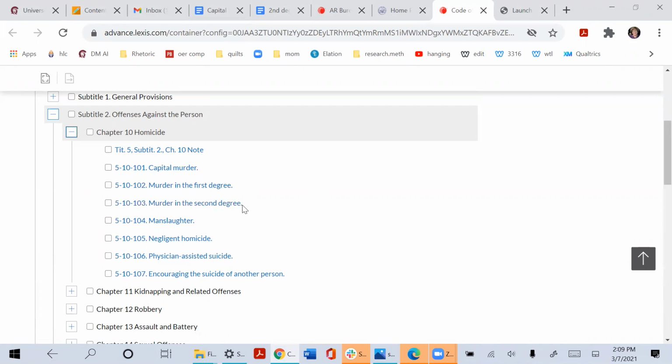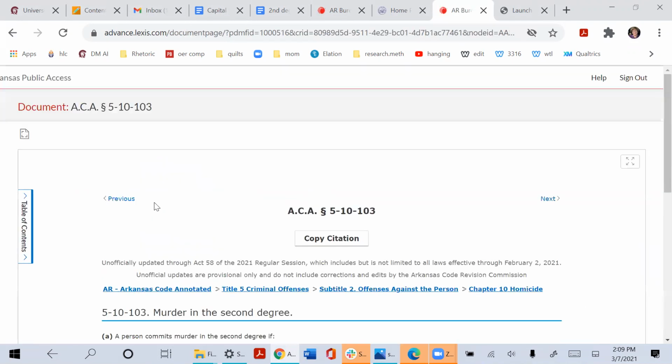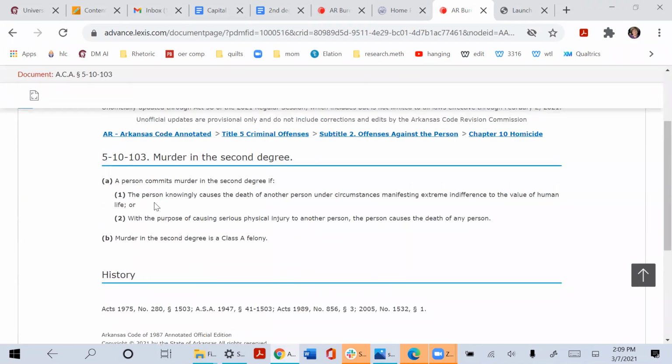I'm going to start by looking at murder in the second degree. There is a tendency, I think, for everybody to not quite understand the hierarchy of how it's all set up. Murder in the second degree is fairly easy. There's just an A category and a B category.